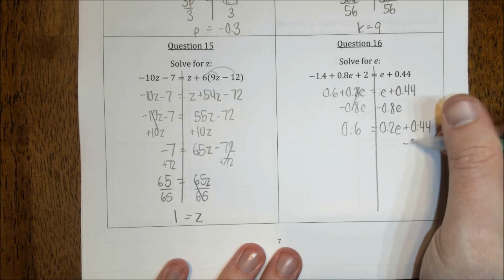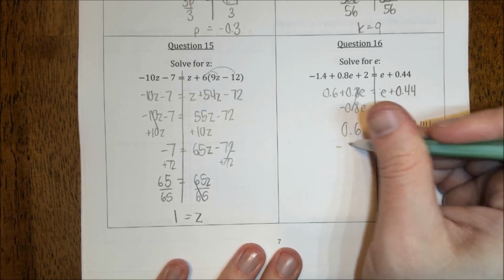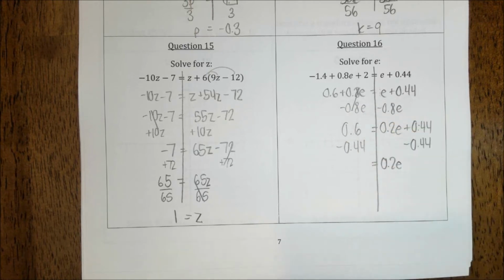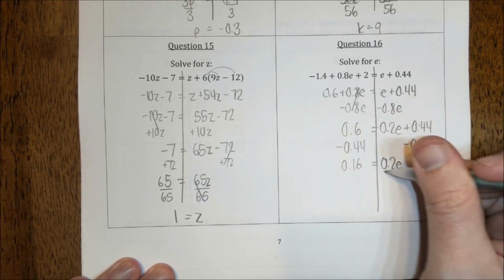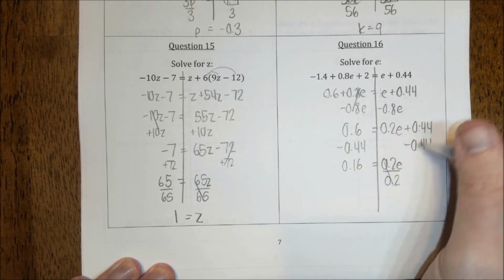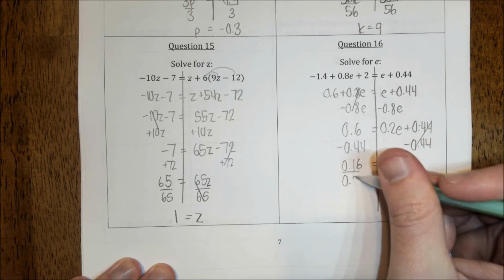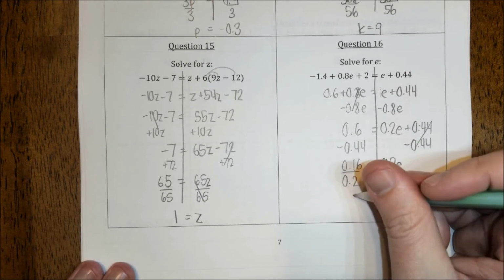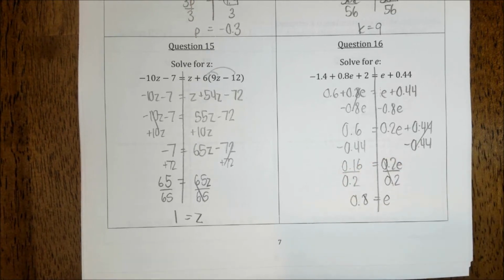Let's move this 0.44 by doing minus that to both sides. And we get 0.2e equals 0.16. When we divide both sides by 0.2, we get 0.8 as an answer.